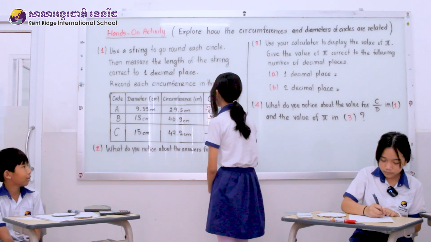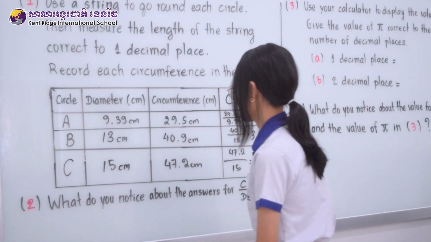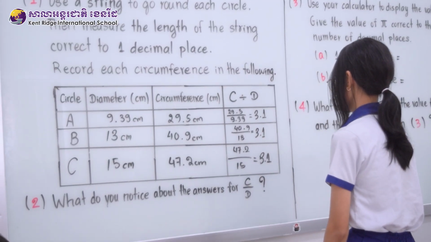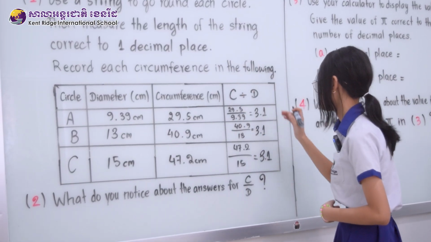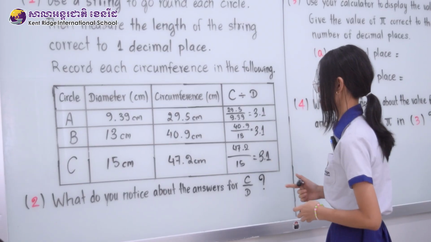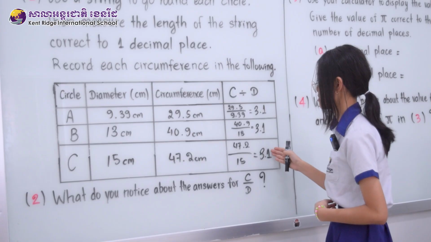After filling all these blank spots, we're going to answer question number 2. What do you notice about the answer for C over D? For C over D, the circumference and diameter of each circle are different, but it resulted in the same answers, which is 3.1.